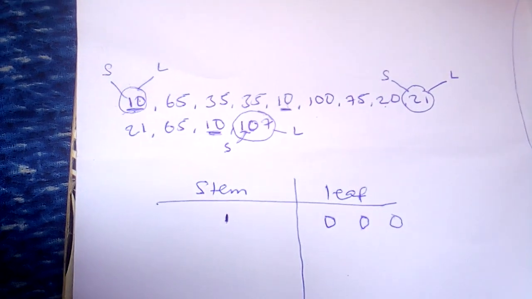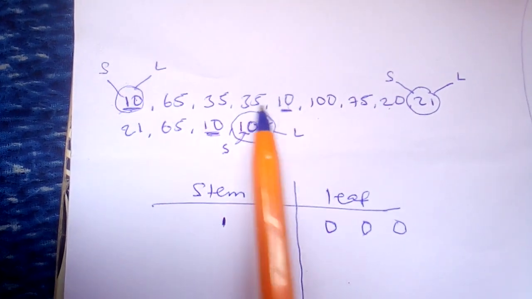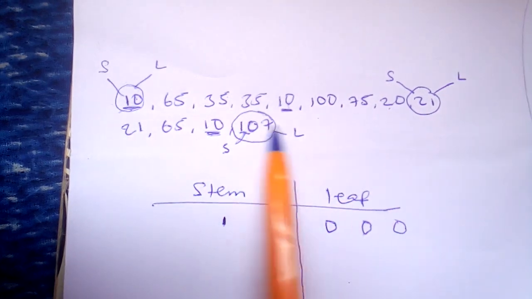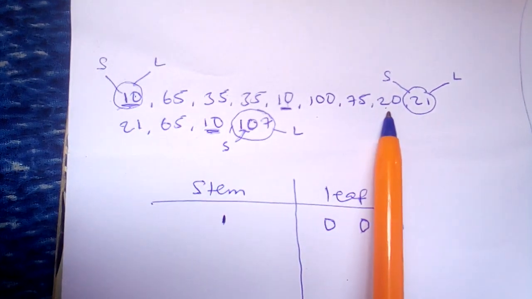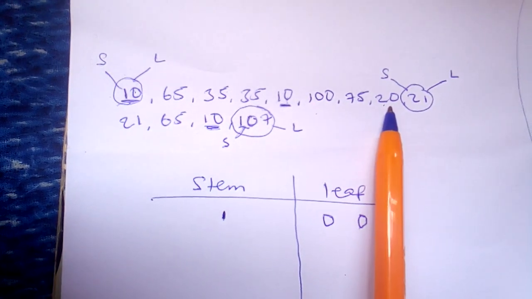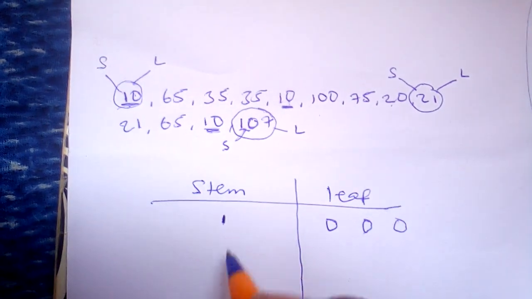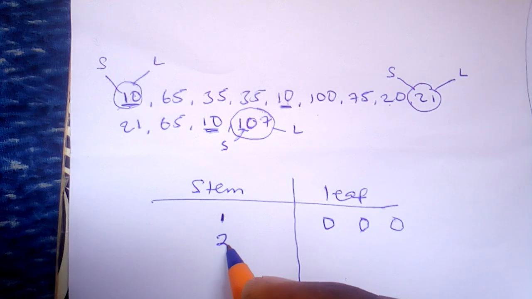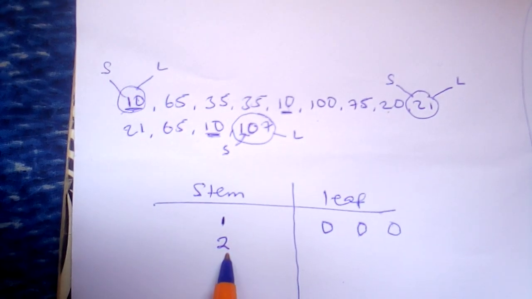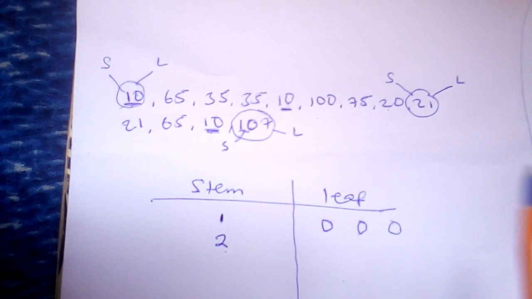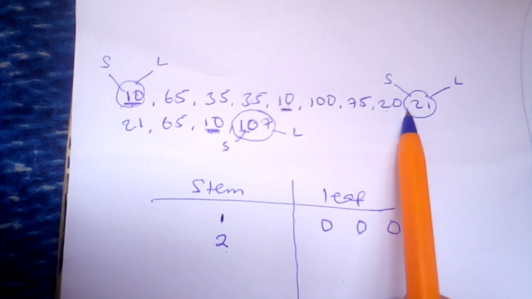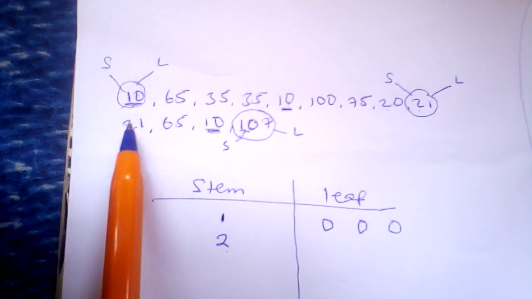So you have to look at the next smallest number. In my data set, the next smallest number is 20, which is here, followed by 21 and 21. So it's 20. I'm going to put a 2 here. This 2 that I've put here is going to represent these three.